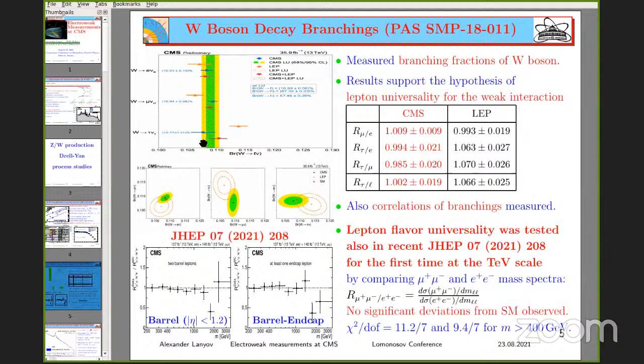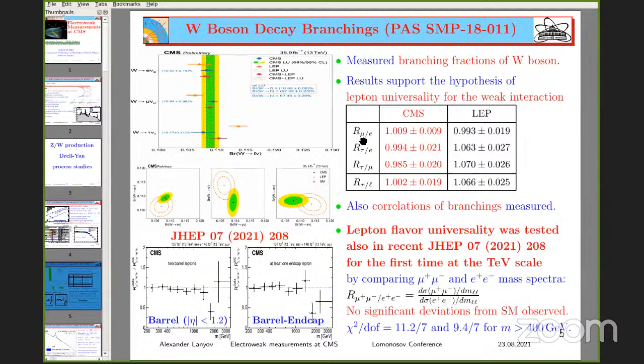And you can see the comparison with LEP, and the comparison with theory predictions. So agreement is good. And here this table shows the results which support the hypothesis of lepton universality for weak interactions.